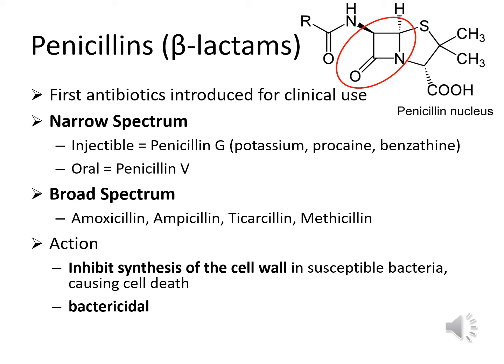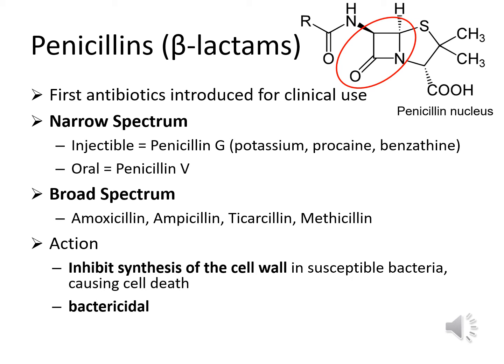So if you look at this one, it looks like a square box essentially with three carbons and a nitrogen, and one of those carbons is a carbonyl group. And because there's two carbon atoms in addition to the carbonyl group, it's called a beta-lactam. Beta is the second letter in the Greek alphabet, so the chemists call that a beta-lactam. So that's where the name came from.